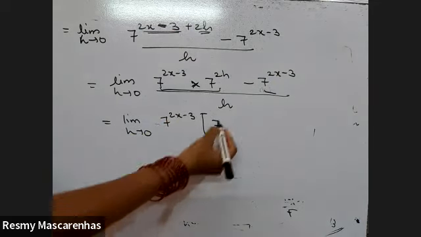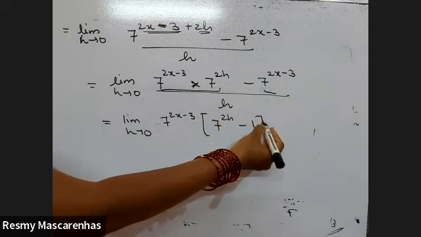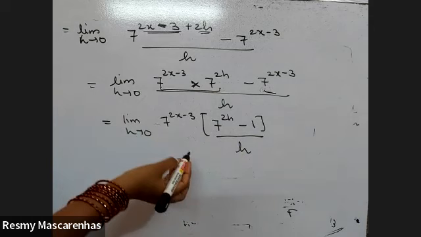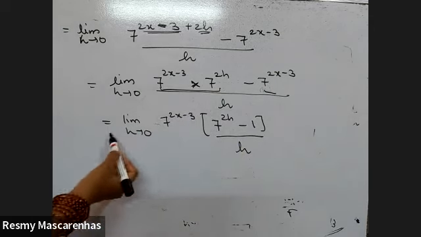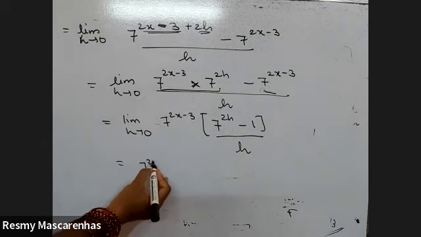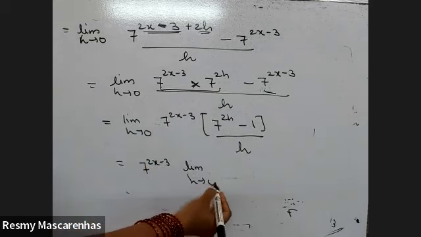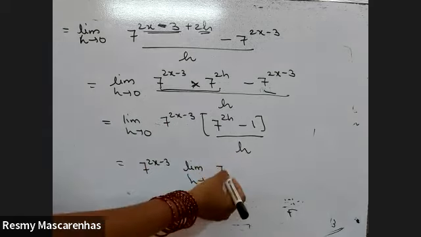So what remains is 7 raised to 2x minus 1 upon h. Same like the previous, this part will always come out, because everything of h only I have to keep inside.